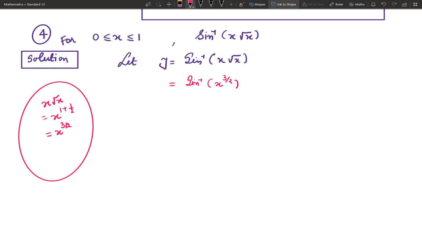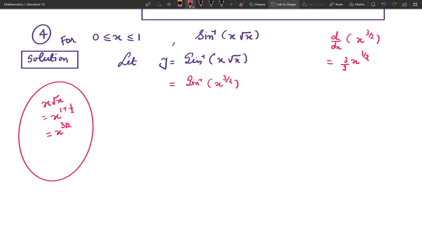Now d by dx, again you note that d by dx of x raised to 3 by 2 using formula of d by dx of x raised to n, it will be 3 by 2 x raised to 3 by 2 minus 1, that will be 1 half.